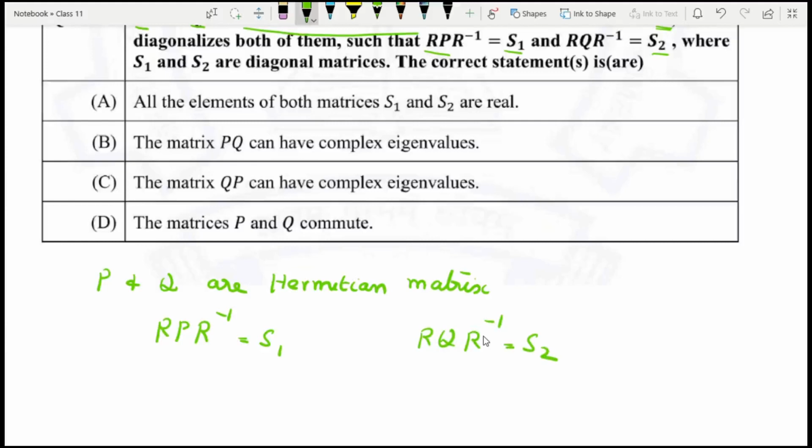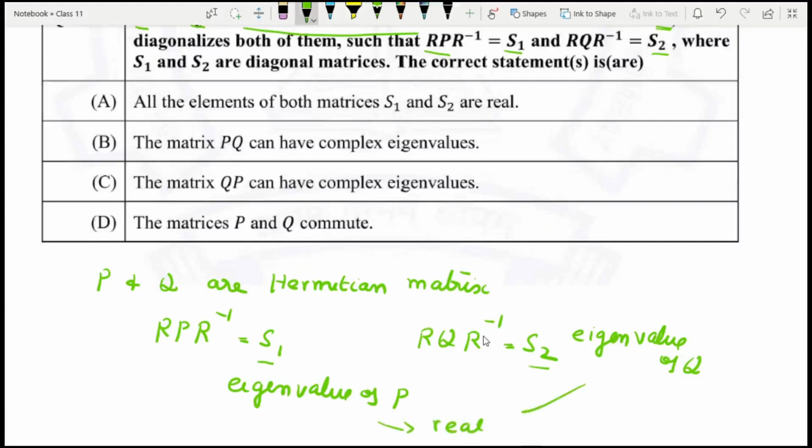Diagonalizing the matrix gives the result S1 and S2. S1 is nothing but the eigenvalues of P and S2 is nothing but the eigenvalues of Q. So we know a property of Hermitian matrices that the eigenvalues of a Hermitian matrix must be real. So option A is a correct one.